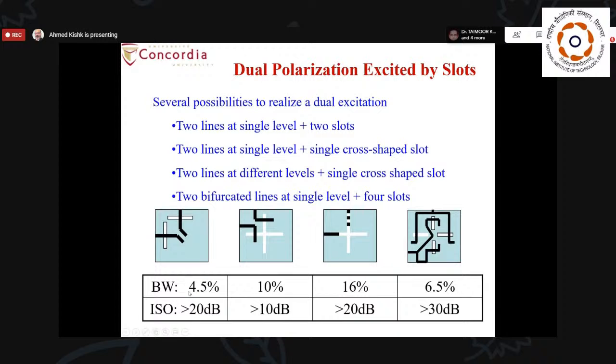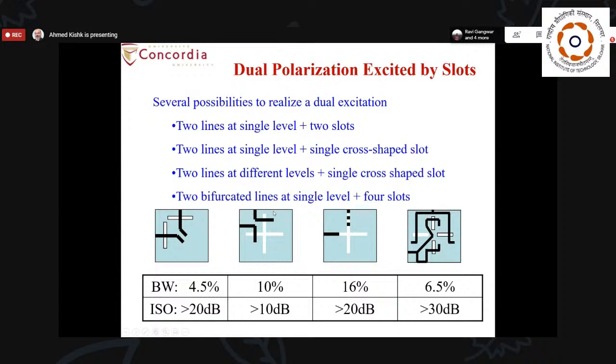So if we look at this excitation, you will find it has a narrow band, 4.5%, with better than 20 dB isolation. But over here, although I am sure that the slot will have a very nice radiation pattern, good isolation between the two far field radiation patterns, I have very bad isolation.